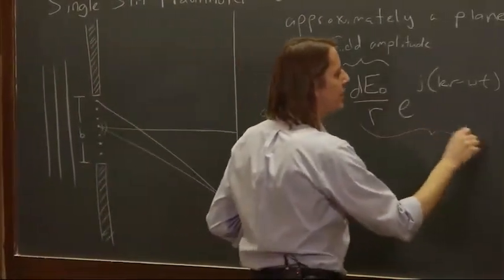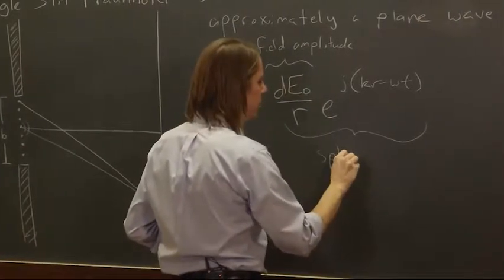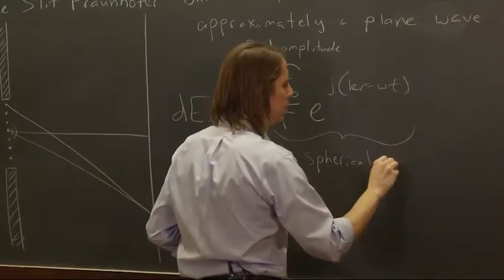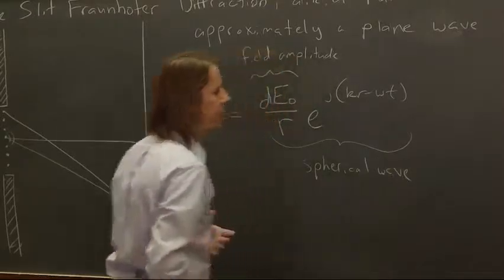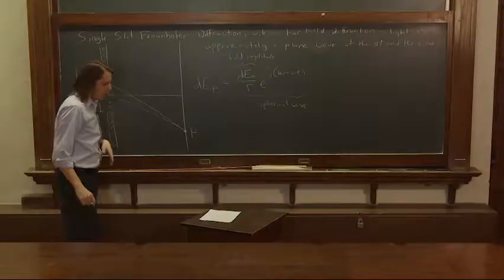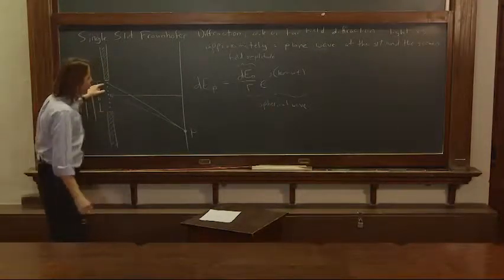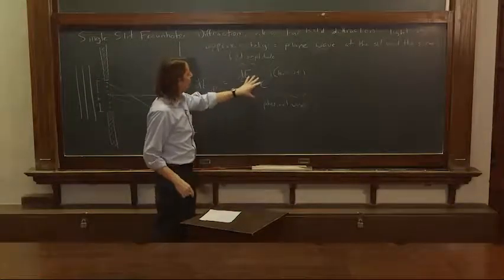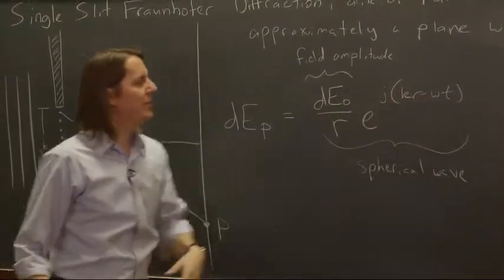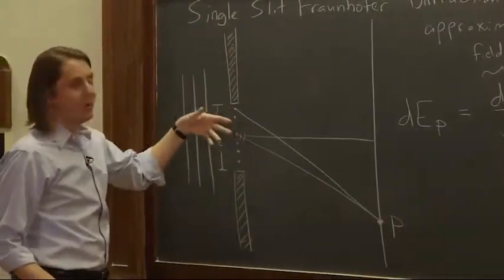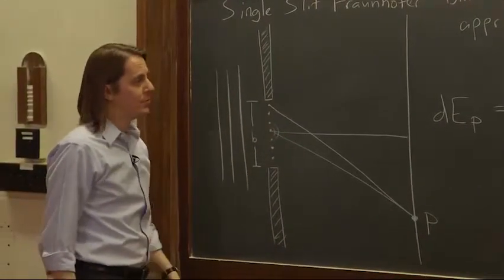Okay, and this is a spherical wave. So all we've got to do is add up the dE_0, the field amplitude over r, e to the j(kr minus omega t) for each one of these, and keep up with the phase differences.